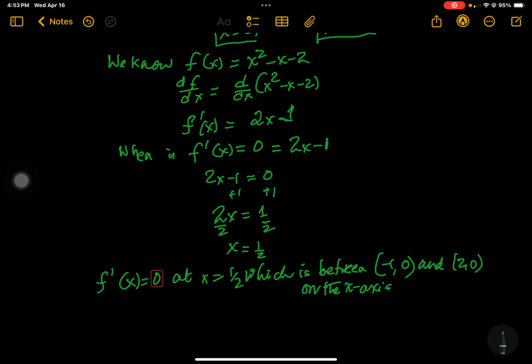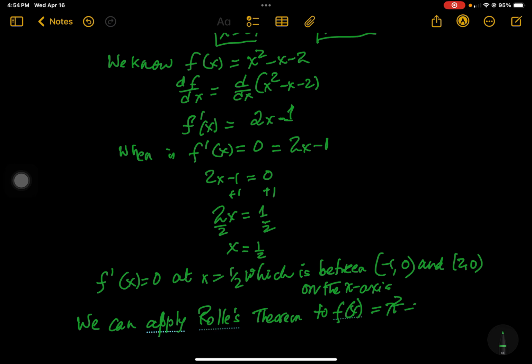That means for this f of x, we can apply Rolle's theorem to f of x equal to x squared minus x minus 2.